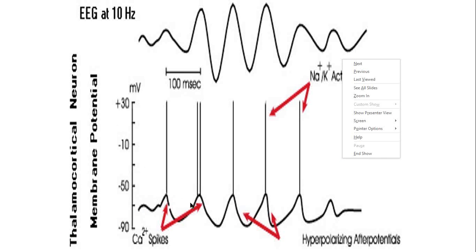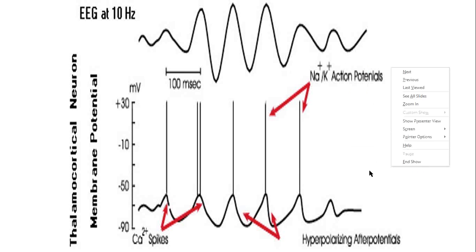Now, this is not the same as the EEG. The membrane potential means we have to stick an electrode inside the cell itself. So we have to go into the thalamus itself and stick a wire inside the cell and look at the potential or the difference in charge across the cell. We have to have an electrode in the cell and an electrode just outside the cell to record what we call membrane potential.